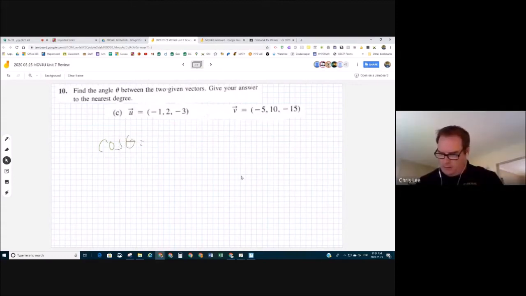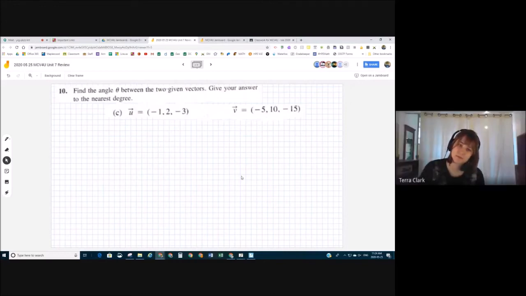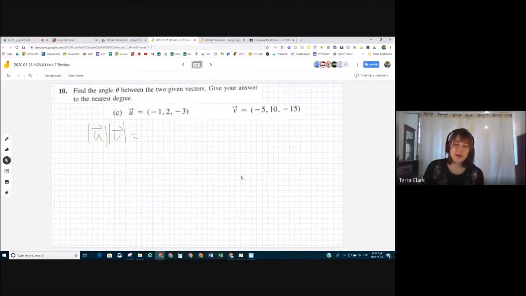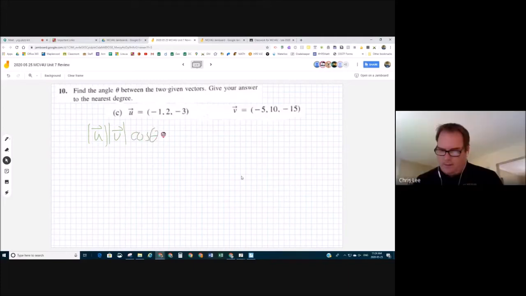Okay, so the absolute value of u, absolute value of v equals... Sorry, what did you say, Tara? I'm getting it backwards here. The absolute value of u times the absolute value of v cos theta is equal to the dot product of u and v. Thank you. Good.